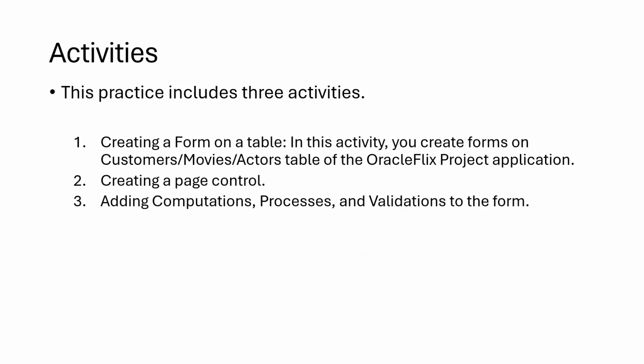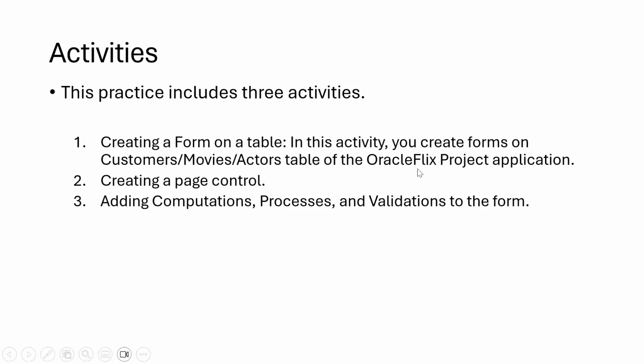Before I start, I'll take you to the Oracle Flix application. Just have a look. For today's activity, we have 3 activities. Number 1, first of all, we are going to create a form on a table. You know that in Oracle Flix, we are working with 3 tables: movies, customers, and actors.